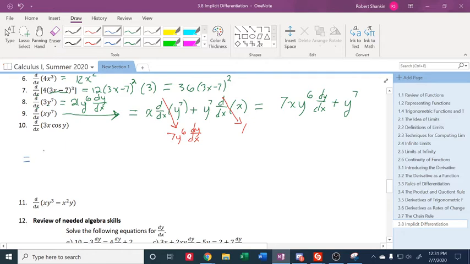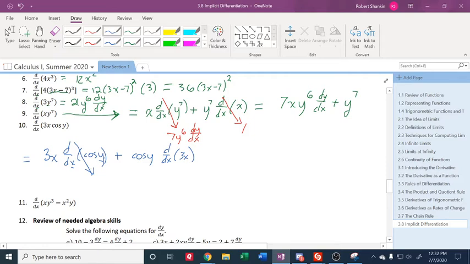So it's going to be the first times the derivative of the second plus the second times the derivative of the first. Now the derivative of cosine of anything, but notice the x and the y are not matching exactly. If they don't match exactly, then you have to assume that that's a function of that, so you need the chain rule.